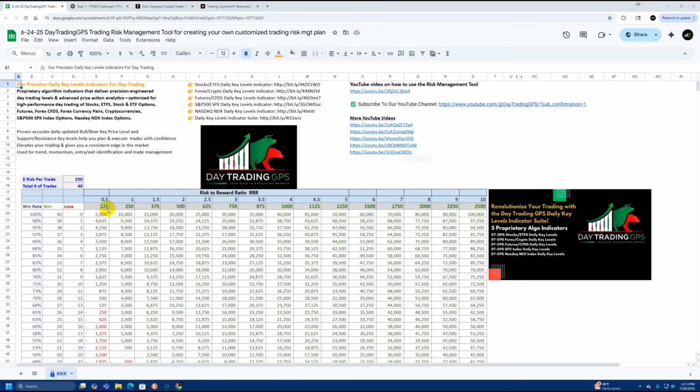So it's a pretty negligible amount, but just keep in mind that these are the gross profit, so you would need to factor in whatever commissions you may be paying if you are not trading through a commission-free broker.